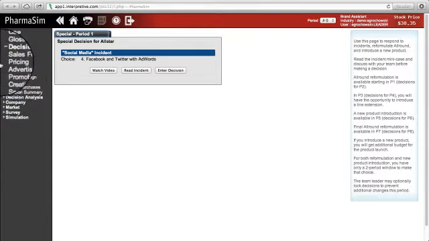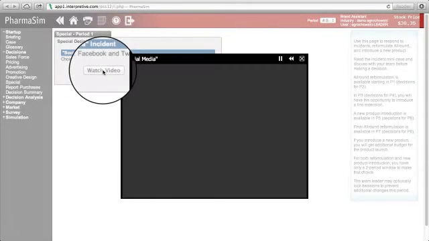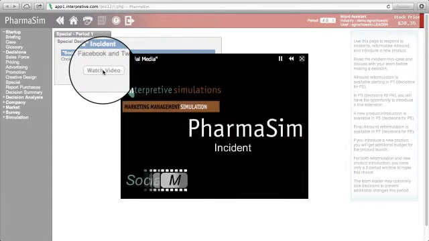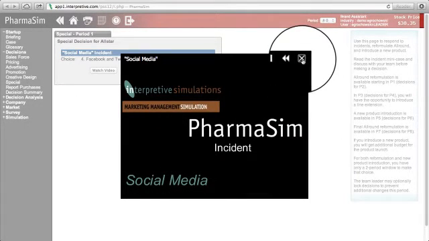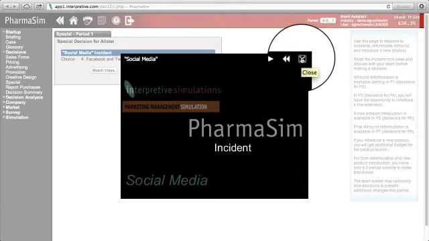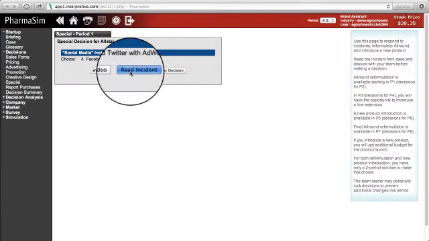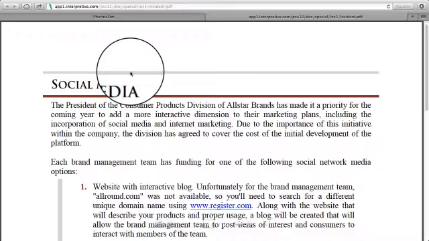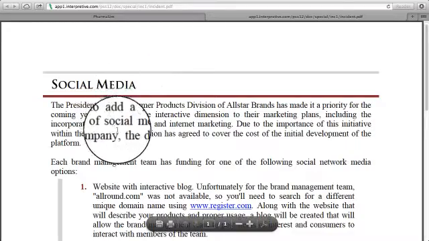And so from here you can click on watch video. Be loud, but the video will show up to describe the incident. You can pull up read incident, and that will get the PDF of the incident in front of you.